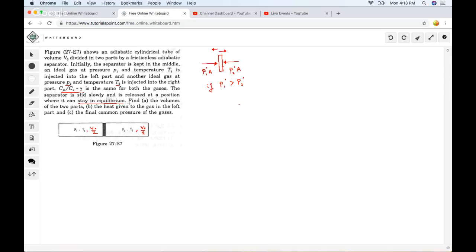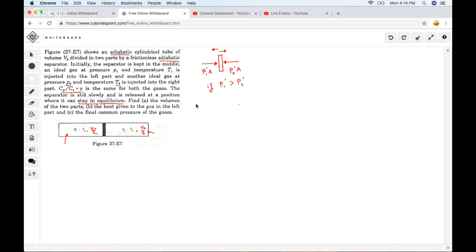Fine. You can notice a few keywords here. The cylinder is adiabatic, and the separator is also adiabatic. So whatever happens on the left side follows an adiabatic process, and on the right-hand side also an adiabatic process is going on. So I can write down the adiabatic process equations.